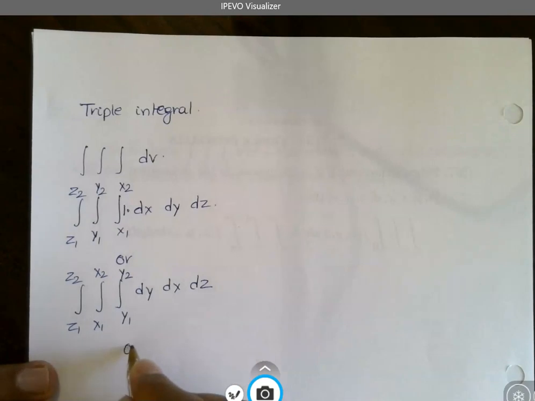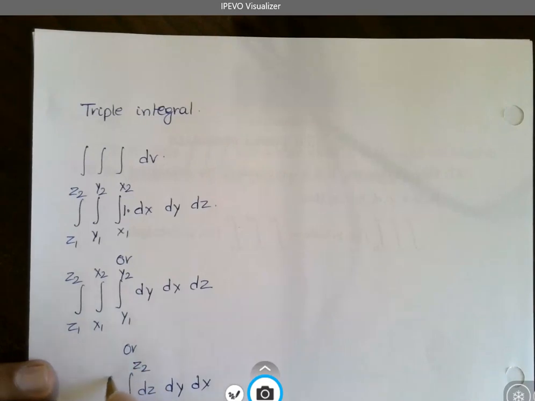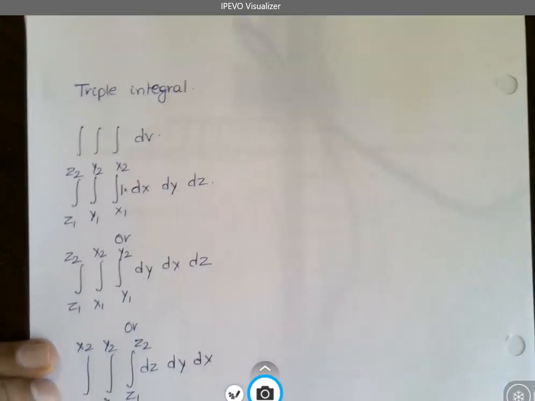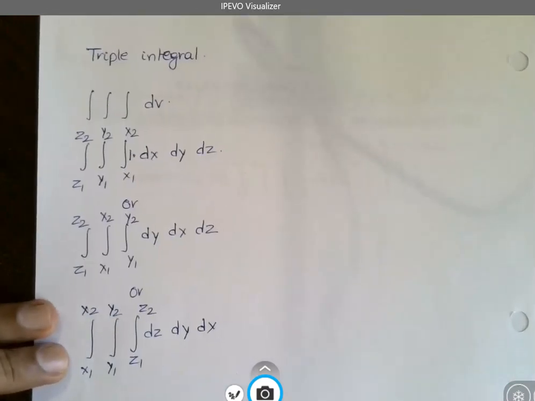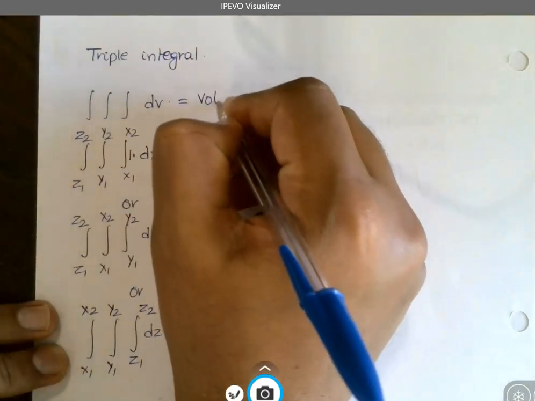Or you can also change the order and write dz dy dx, so that means this is z1 to z2, you have y1 to y2, then you have x1 to x2. You can change your limits of integration and write it like this. So when you evaluate a triple integral, what you get is a volume.